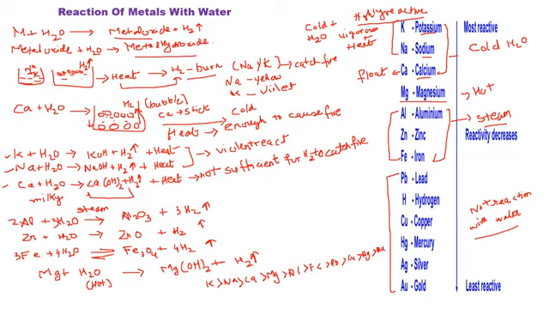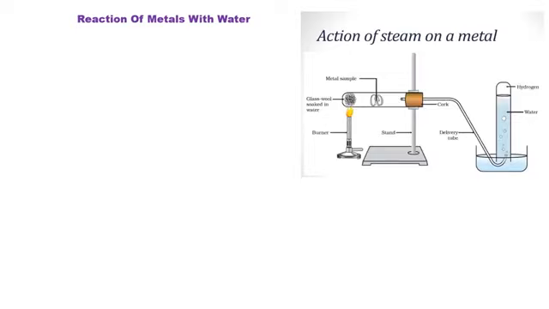Ag is silver, Au is gold. So this is the reactivity order of metals towards water. So this is all about the reaction of metals with steam.